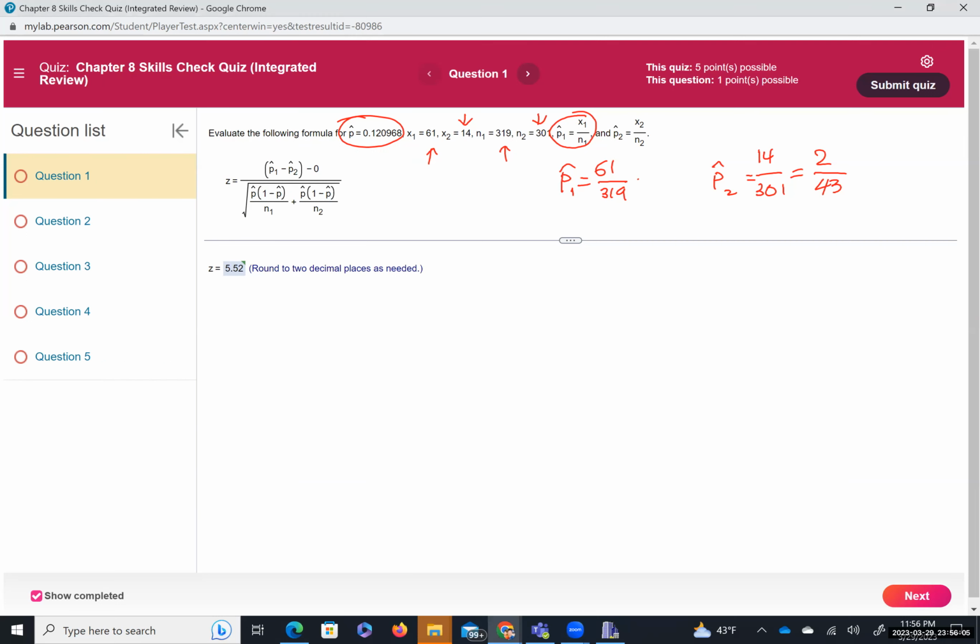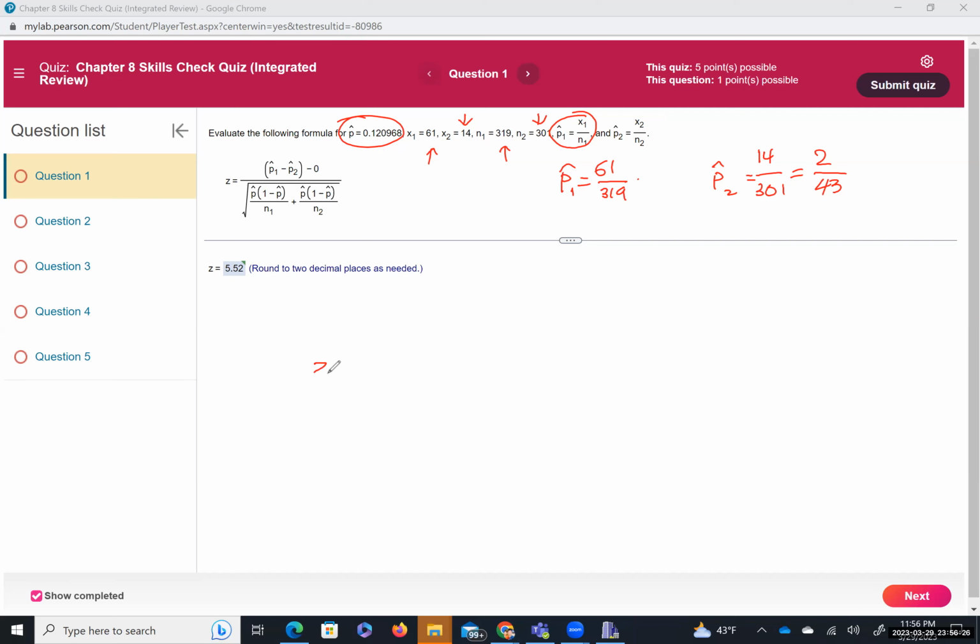Okay, so we did have P1, P2, right? We can go ahead and substitute p1 hat and p2 hat and n1 and n2. We can go ahead and substitute everything into the formula.